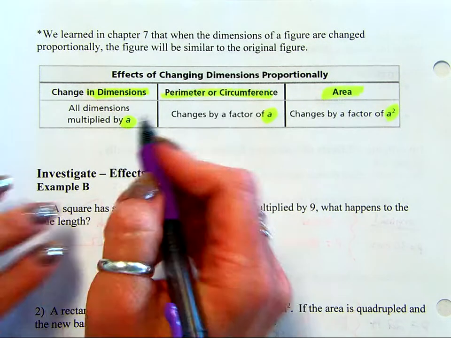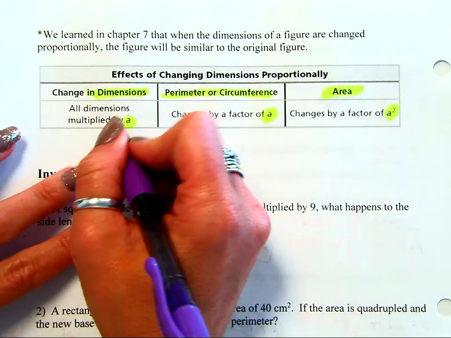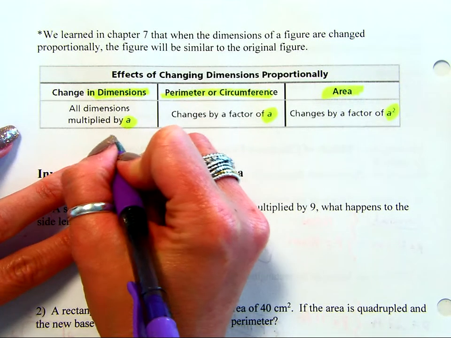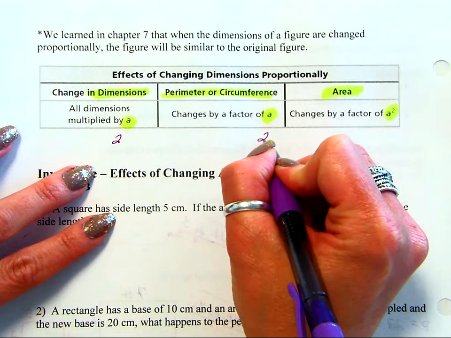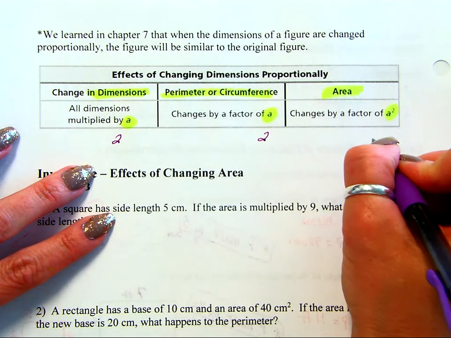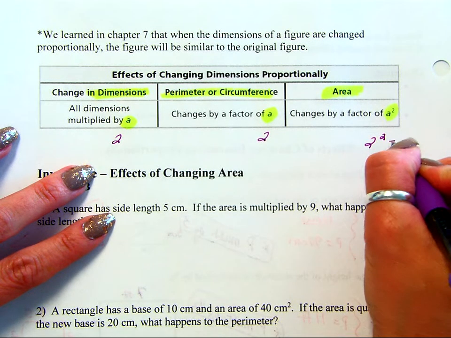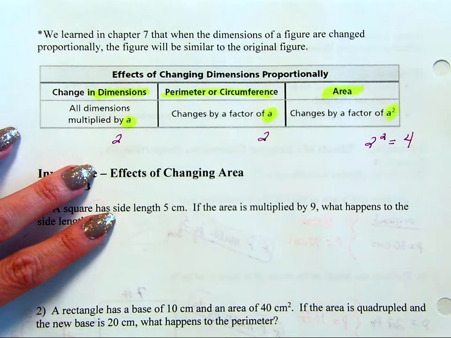So for example, if my dimensions were times by 2, my perimeter would also times by 2. But my area would actually times by 2 squared, or times by 4.